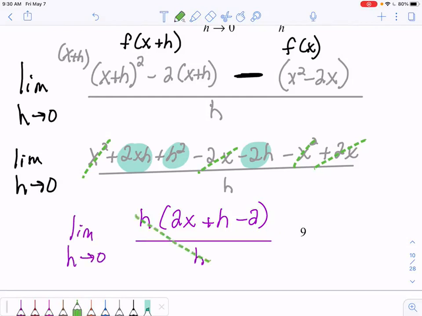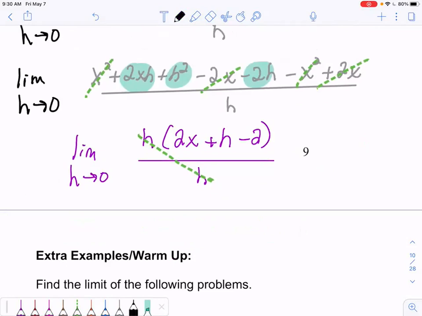So now those h's cancel. We are left with 2x plus h minus 2. When you cancel the h out of the denominator, then you can use substitution, and that 0 goes in place of h.